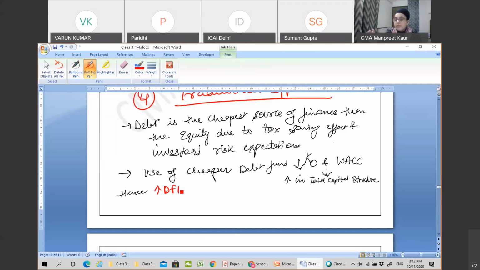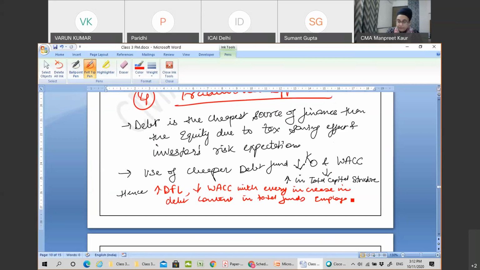It means higher the fixed charges, higher is the financial risk, higher is the DFL, lower is the weighted average cost of capital. It is lower with every increase in debt content in total funds employed.